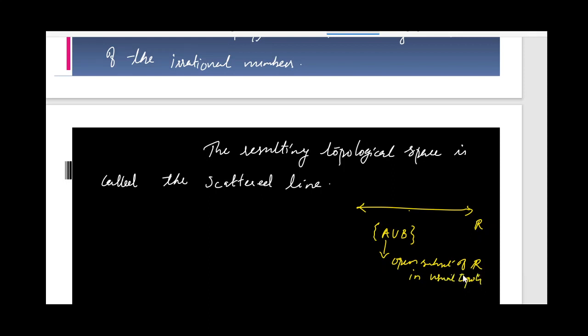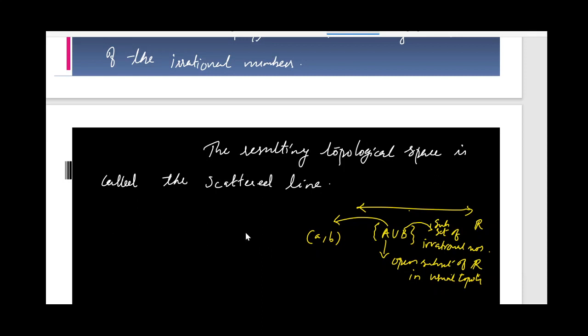The open subsets in the usual topology are open intervals of the form (a, b). Now B is a subset of the irrational numbers, so we will have lots of examples.